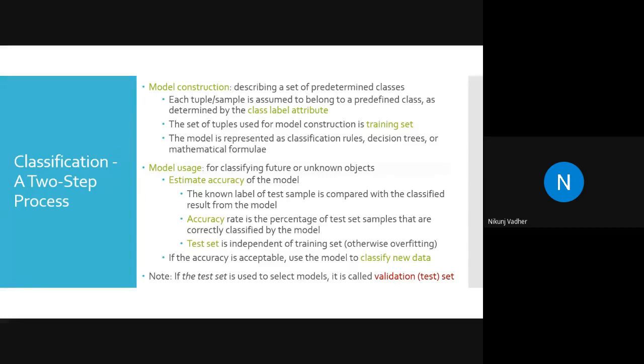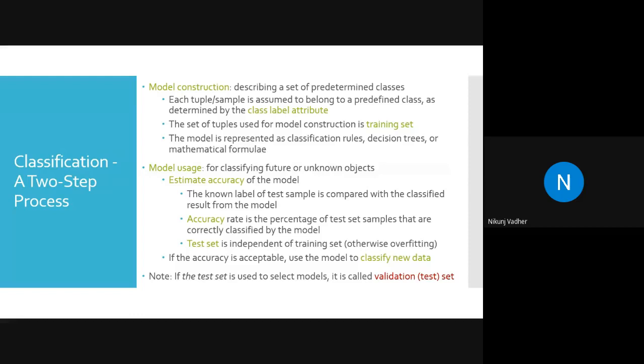If we are using Naive Bayes, it will give us a set of probabilities. If we are using a decision tree algorithm, it will give us the entire tree architecture. So next time you want to test it, you simply test by value. That's it.